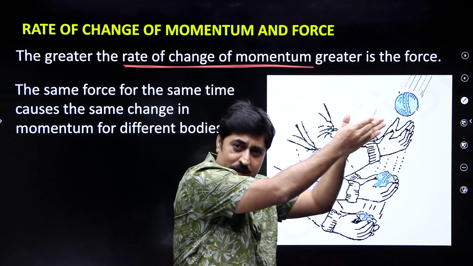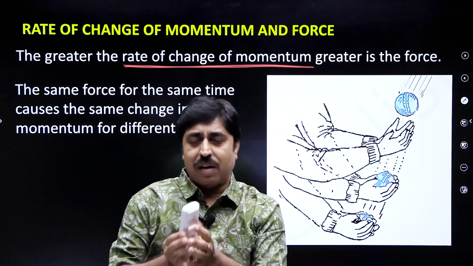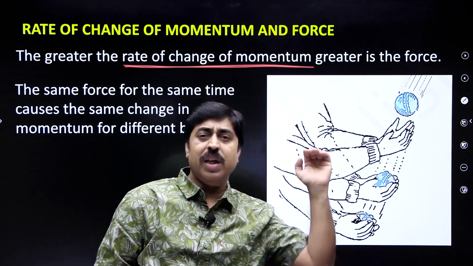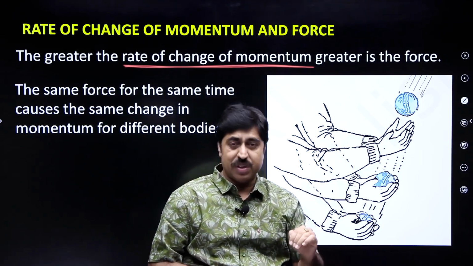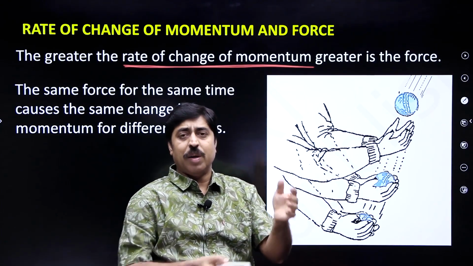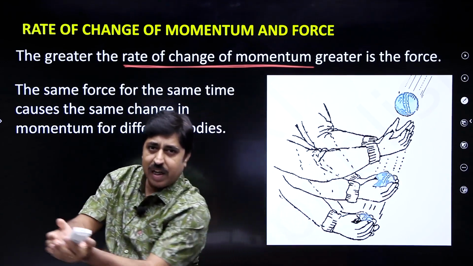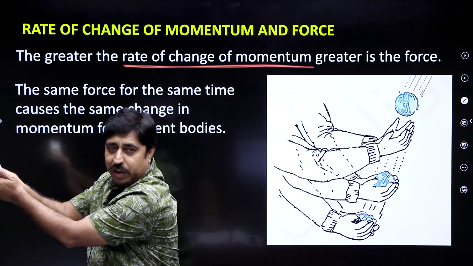But if I prolong the duration for which the ball is in contact with my hand, I prolong the duration during which the momentum of the ball is brought to 0, then the force involved becomes smaller. I am not hurt if I catch the ball here and now I finish the catch. Now I completely hold it.